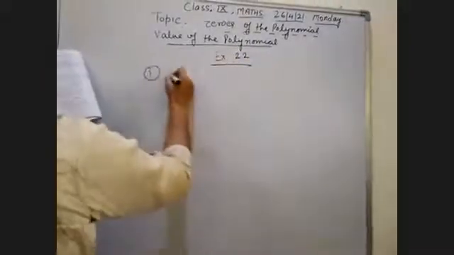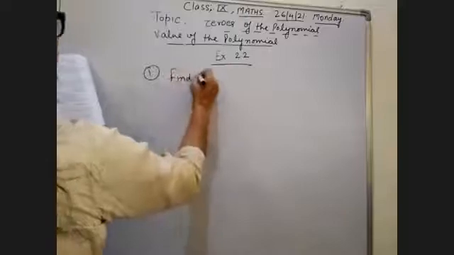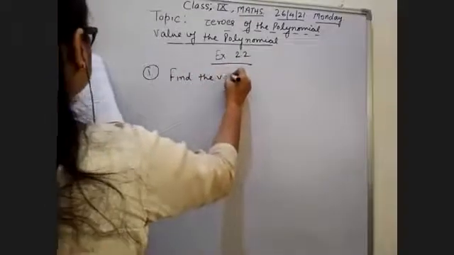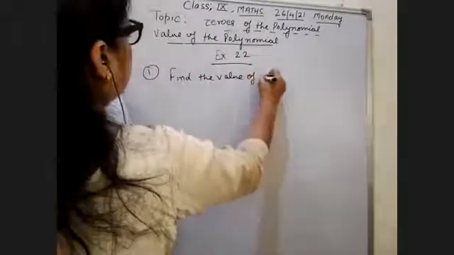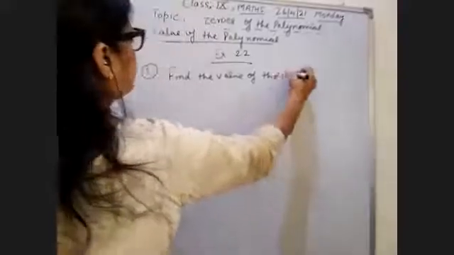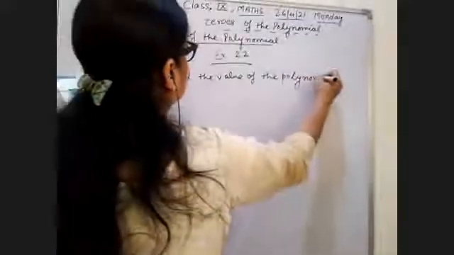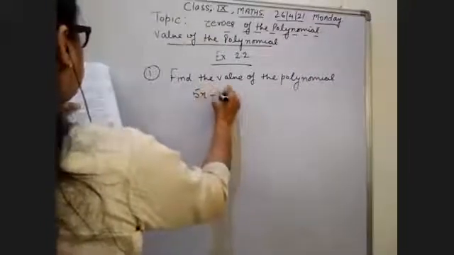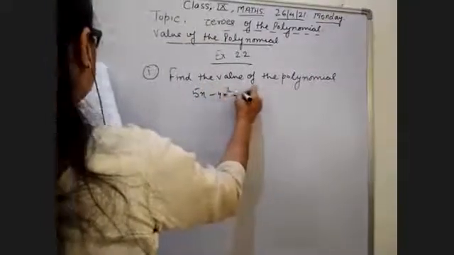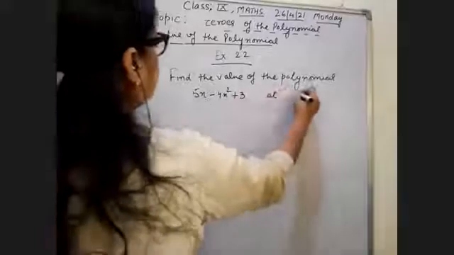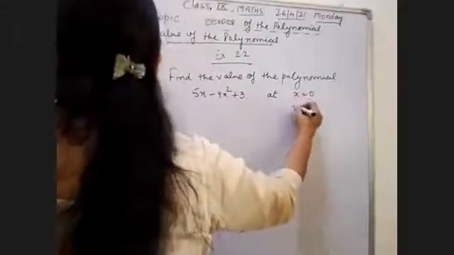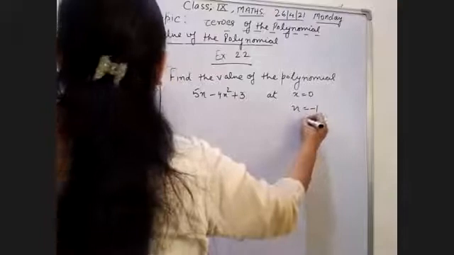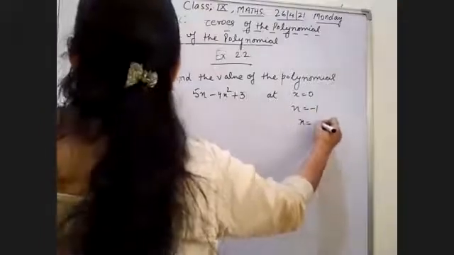Find the value of the polynomial 5x minus 4x square plus 3 at x equal to 0, x equal to minus 1 and x equal to 2.